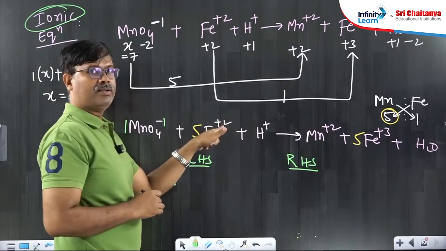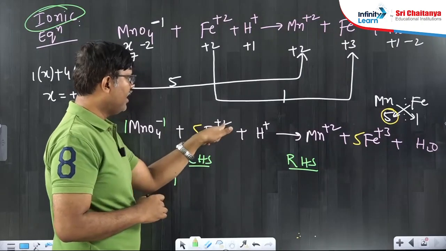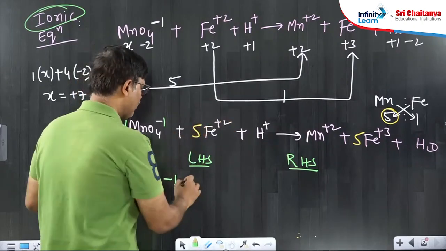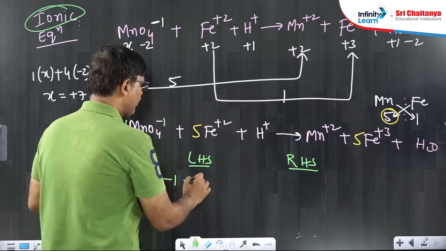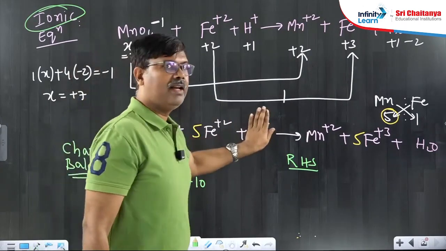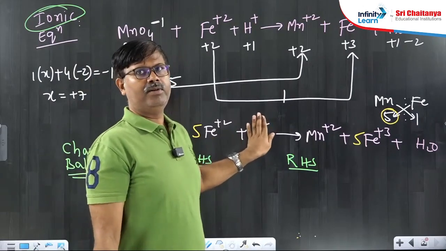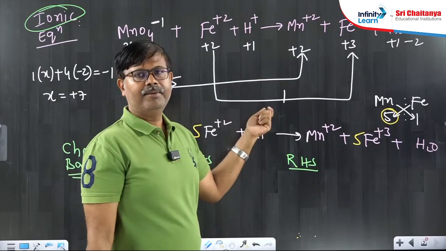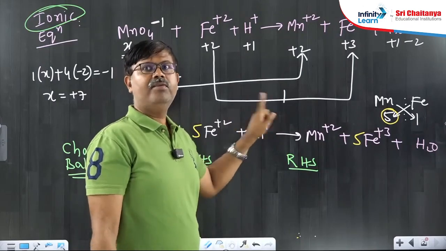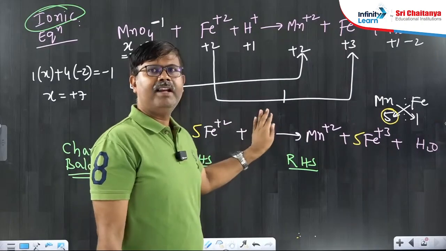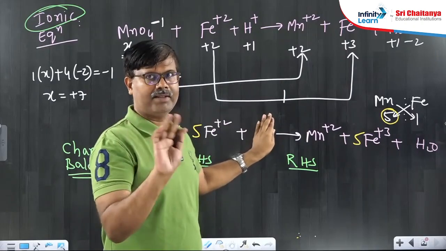Iron, positive charge. 1 iron has +2, and like that 5 are there. 5 into +2, the total charge is +10. And don't take this H plus into the picture. Don't calculate its charge, because this is our trump card. Using this H plus only we will balance the charges on both sides, because so far the number before H plus is not fixed.